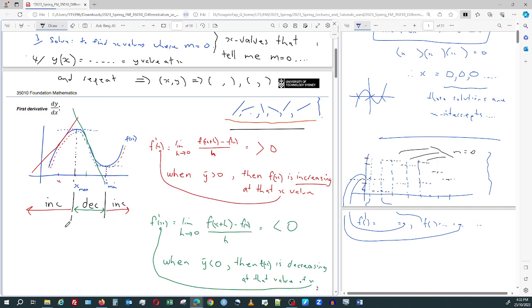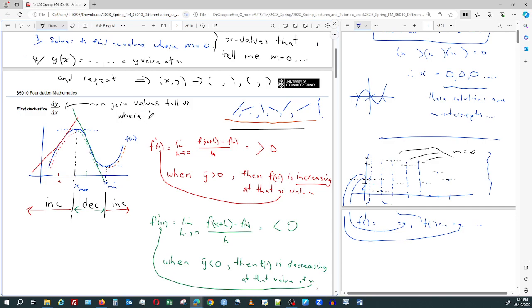So what we find is that we can use the derivative for non-zero values, and that tells us about the nature of the curve. Non-zero values tell us where the curve is increasing or decreasing.